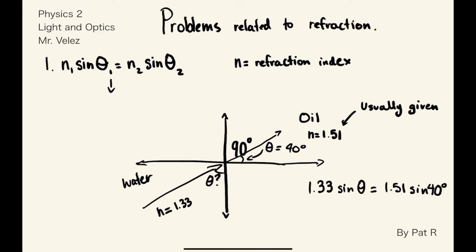I'll just type that into my TI-84. So 1.51 sine of 40 divided by 1.33, and then we would want to take the arc sine of this whole ratio right here on the right side. I'll just put that in my calculator.